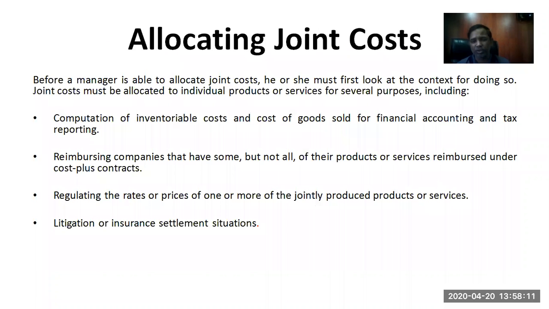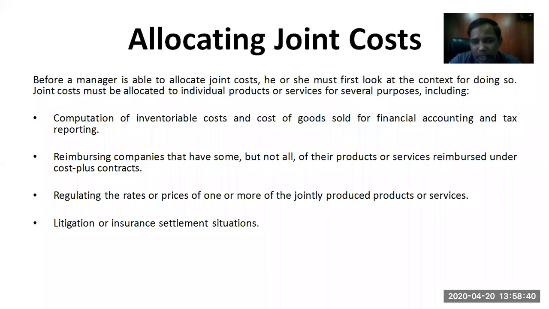Allocating joint cost. Now we are moving to the main topic. Whatever we discussed till now were the terminologies. Now we are going to discuss how cost is allocated. Before a manager is able to allocate joint cost, he or she must look at the context for doing so.